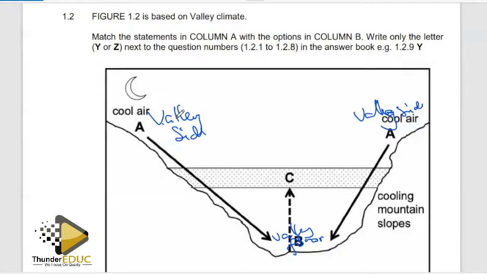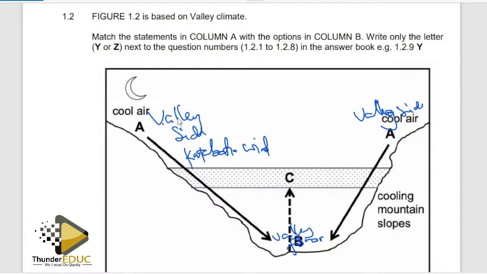Typically, the air which moves from A going to B is called a katabatic wind. Katabatic conditions are typical of winter. During winter, there is extensive cooling of the valley sides because of terrestrial or long wave radiation.